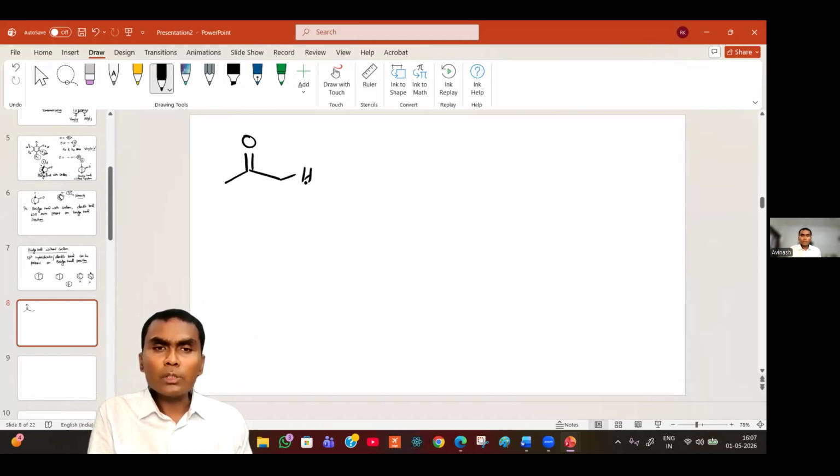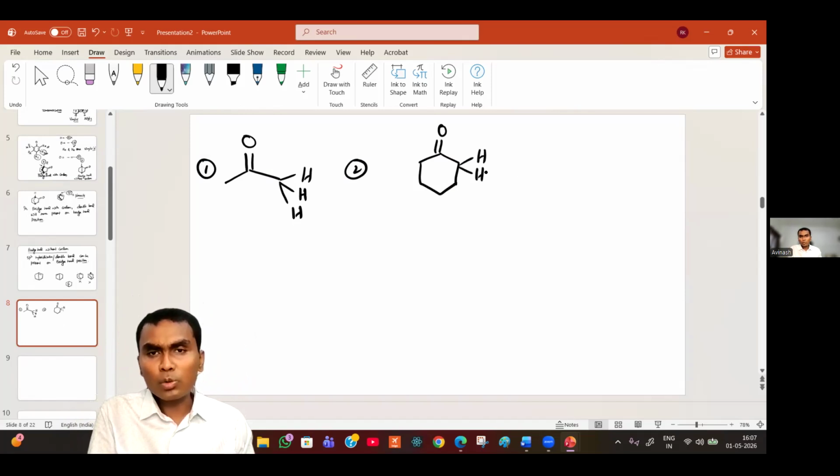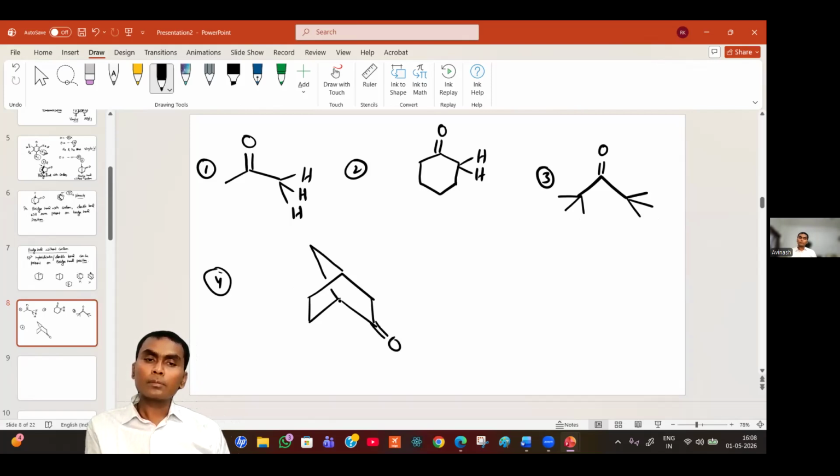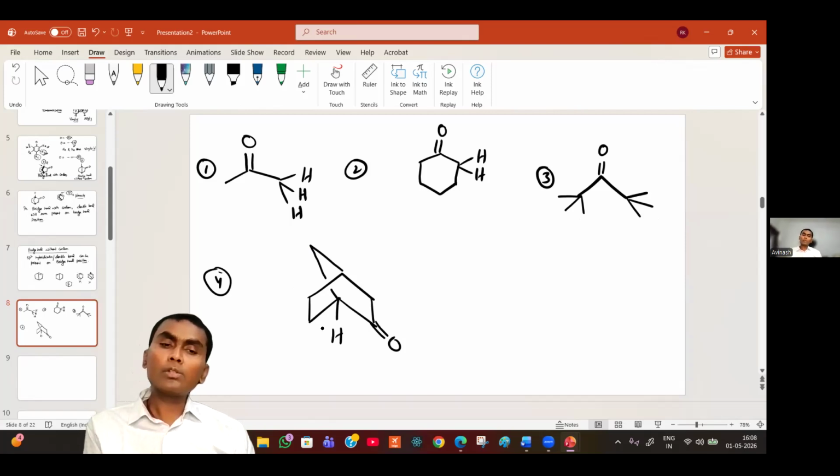O double single hydrogen. This will show the tautomerization first. Second, this one, double bond O double single hydrogen, tautomerization occurs. Here tautomerization is not possible because it is not on the position of O double single hydrogen.